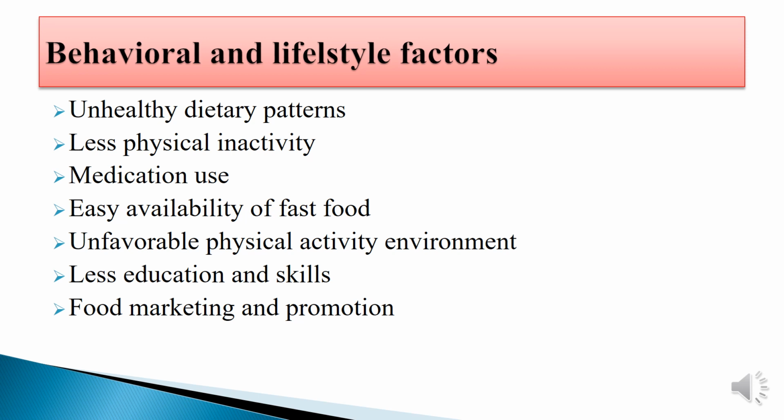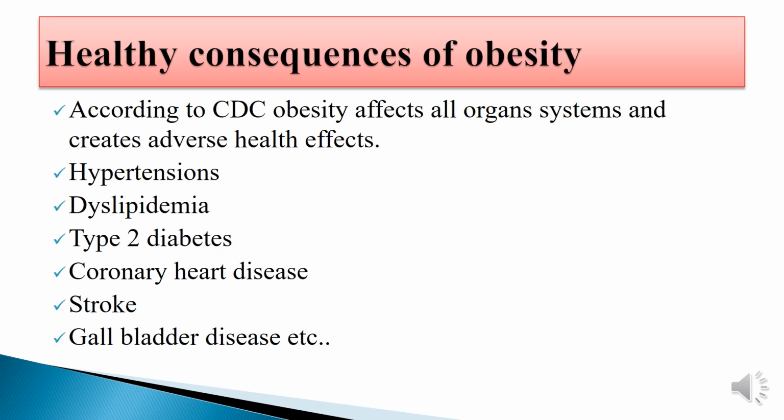So behavioral and lifestyle factors include unhealthy dietary patterns, physical inactivity, frequent use of medication, easy availability of fast food, unfavorable physical activity environment, less education and skills, food marketing and promotion.